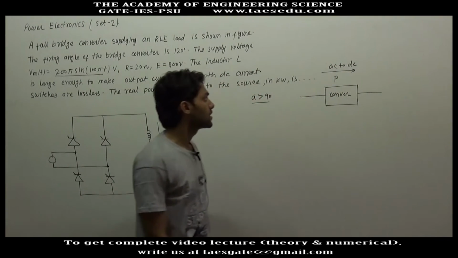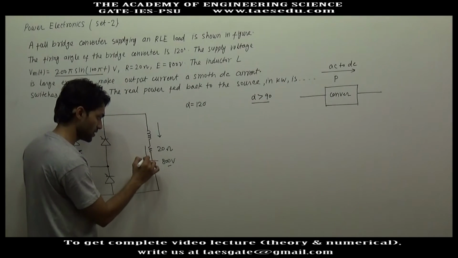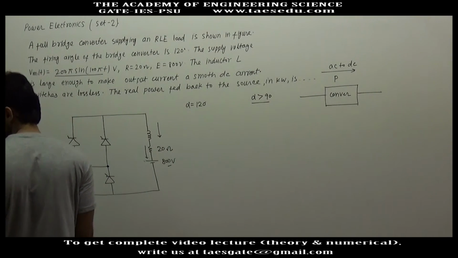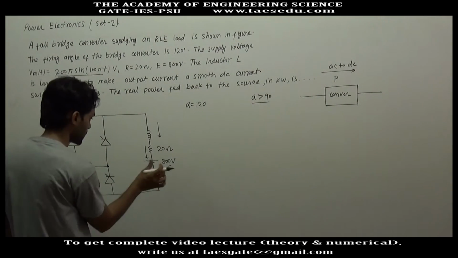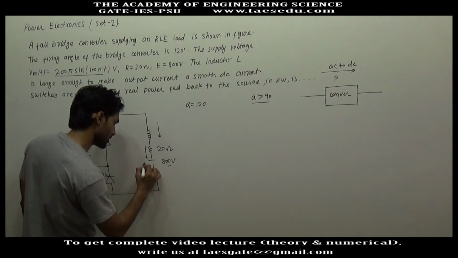Or real power will be absorbed in this DC voltage source. Okay. Here polarity will be reversed, otherwise current will not be continuous.